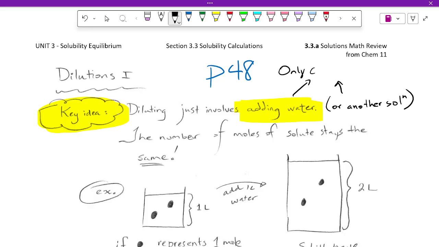You are only changing volume. The number of moles of solute stays the same.